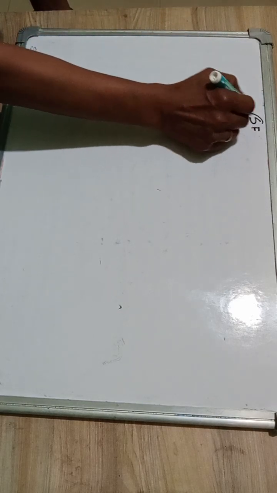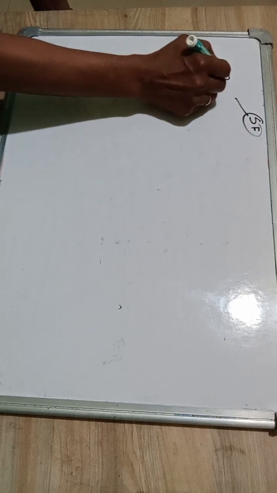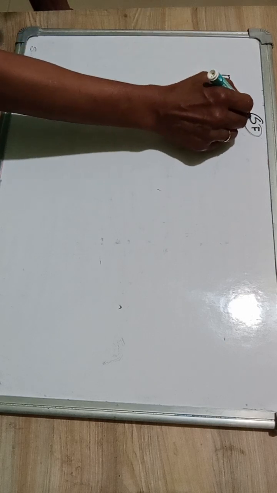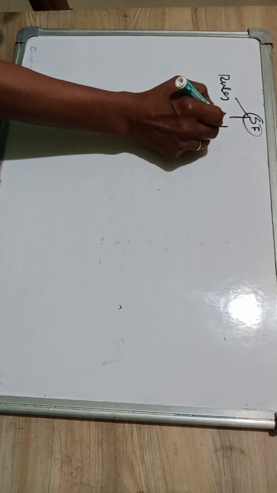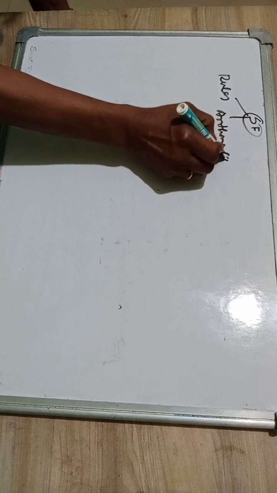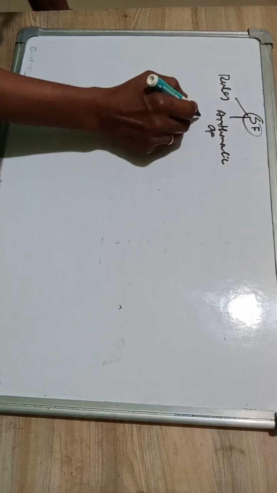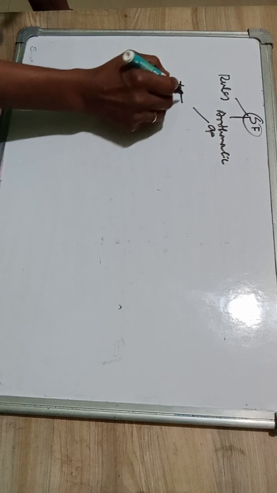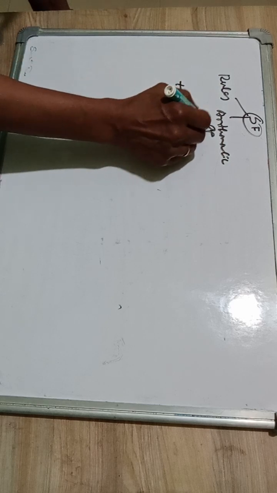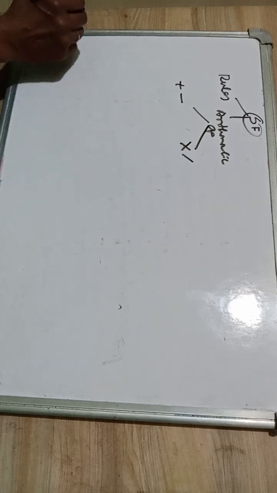After these rules to find out significant figure, we will be studying another topic, arithmetic operation, that is addition, subtraction of numbers, or multiplication or division of numbers.